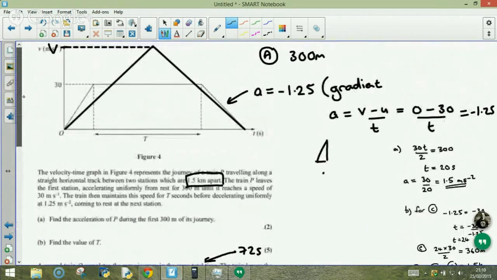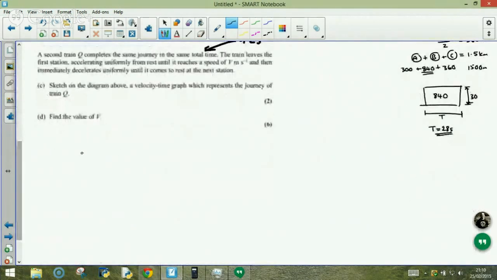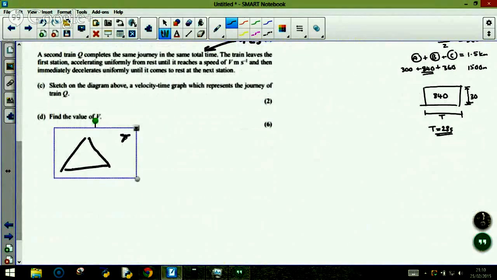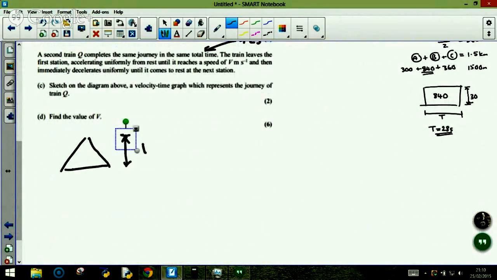We know that it covers the same distance in the same time. So we've got a height of our triangle of V, and we know the time is 72.